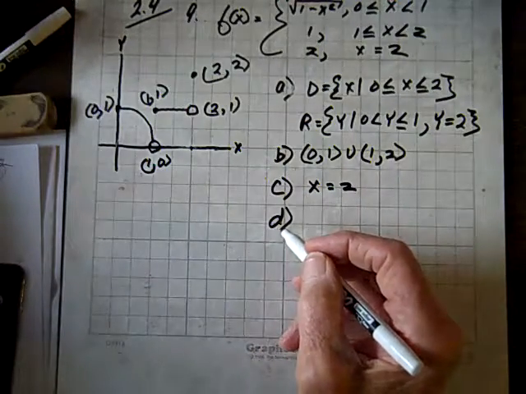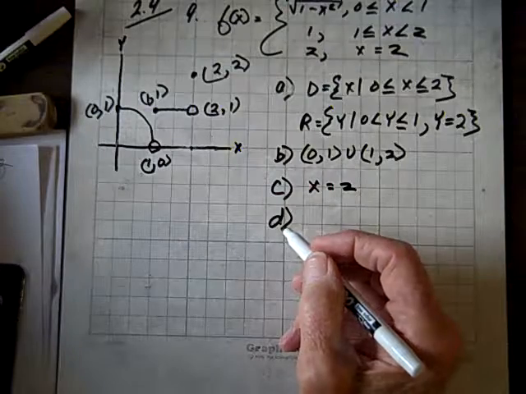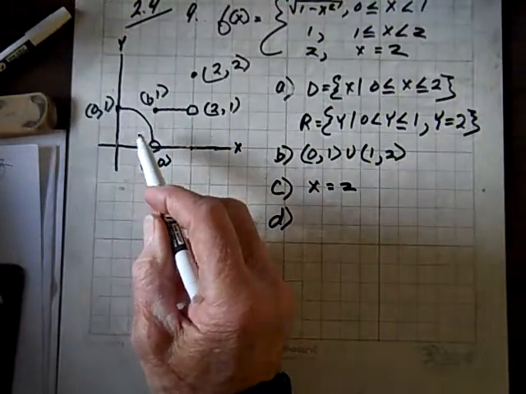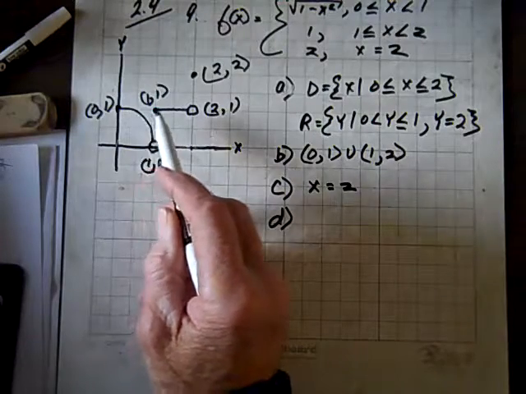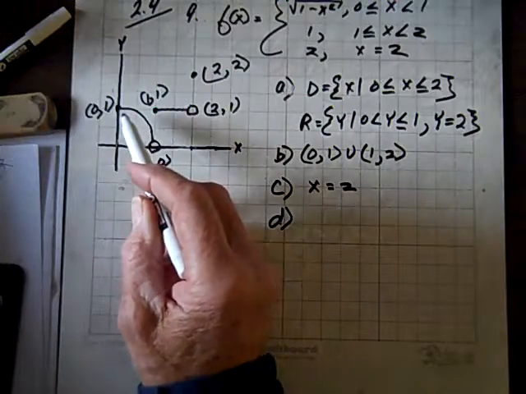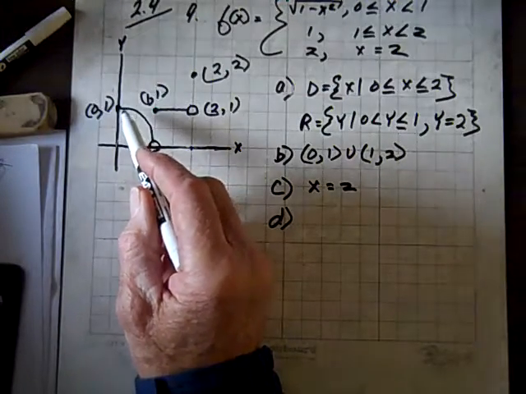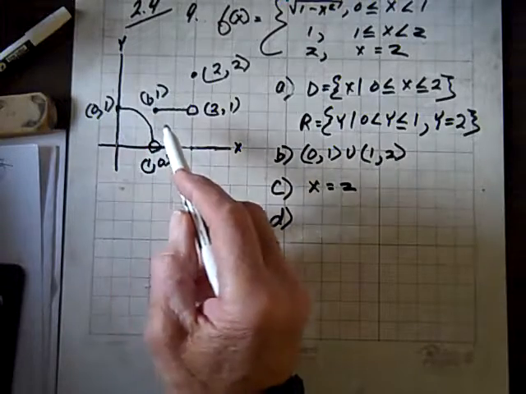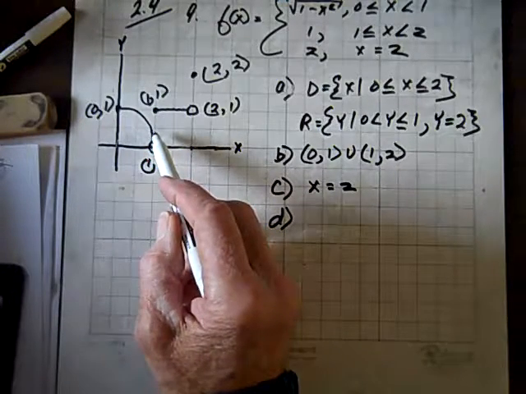Now let's do D. At what point does only the right-hand limit exist? Well, let's see. There's a right-hand limit because we're looking at a value as x approaches this value from above. There's a right-hand limit at 0. There's also a right-hand limit at 1.